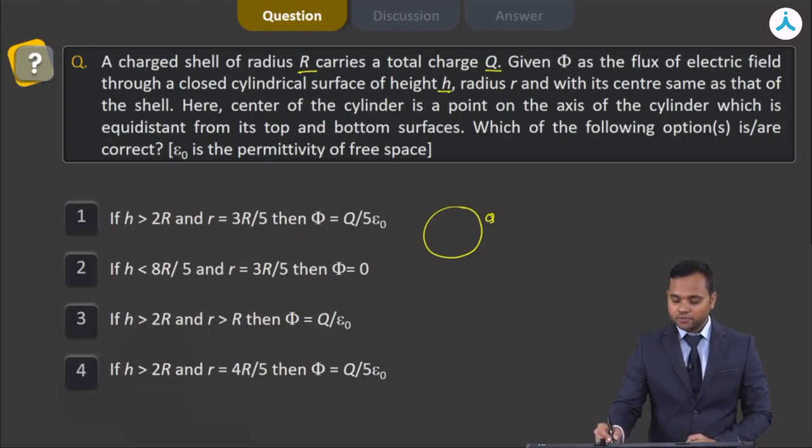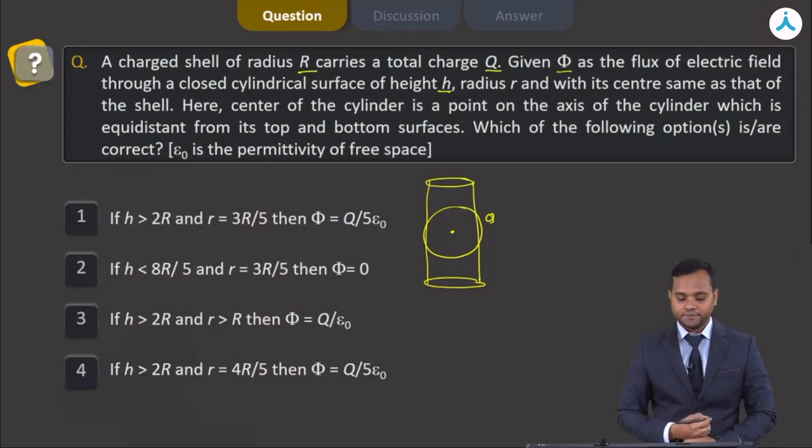Phi is the total flux of electric field through a closed cylindrical surface of height h, radius r with its center same as that of the shell. That means this will be the cylinder here, and this cylinder, based on its height and radius, will be enclosing this shell inside or outside.